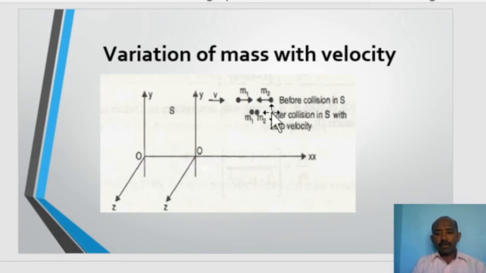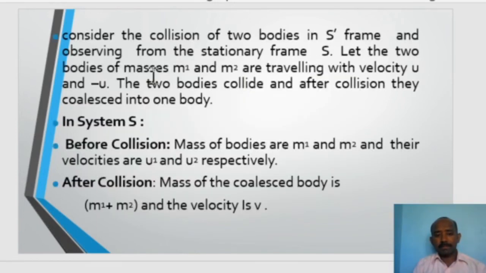After collision, it becomes m1 plus m2. Both the bodies, after the collision, coalesce into one body. S dash is a moving frame. In that moving frame we are observing the collision of the bodies, which have the masses m1 and m2.